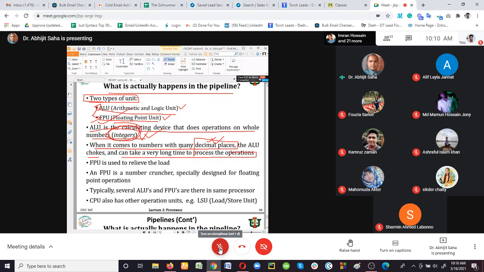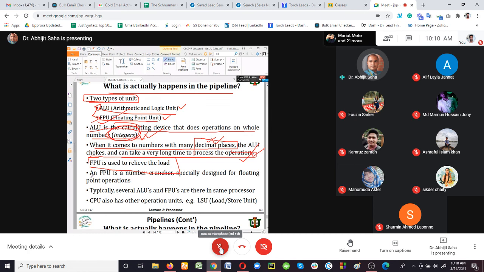If it is a much bigger number with many decimal places, the ALU chokes and can take a very long time to process the operations. This is a problematic part of the ALU. If it takes a long time to calculate some mathematical thing, it's not a good idea. That is what the FPU is used for, to relieve the load.